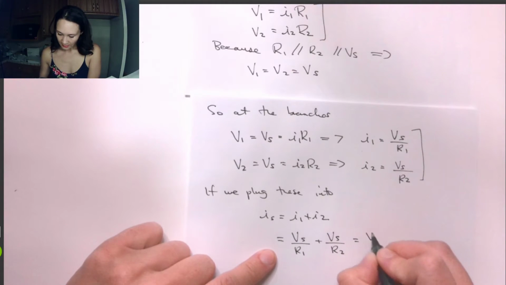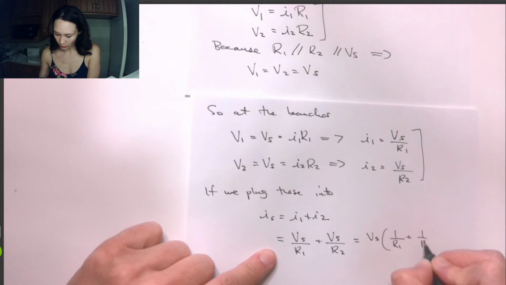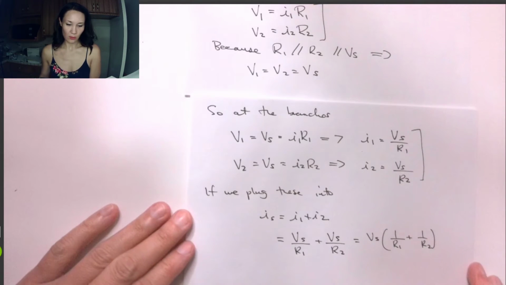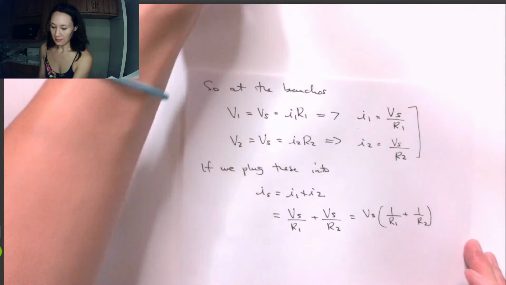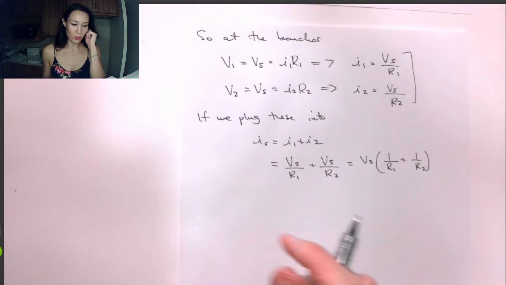So I can write this as, if I factor out a Vs, 1 over R1 plus 1 over R2. Okay, great. So that's fine, but what we really want is an expression for R equivalent.